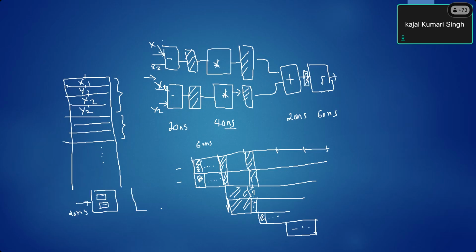And the multiplier could be in another, you know, a 40 nanosecond clock. And adder could be here, maybe a 20 nanosecond clock. And the square rooter would be here, taking a 16 nanosecond clock.